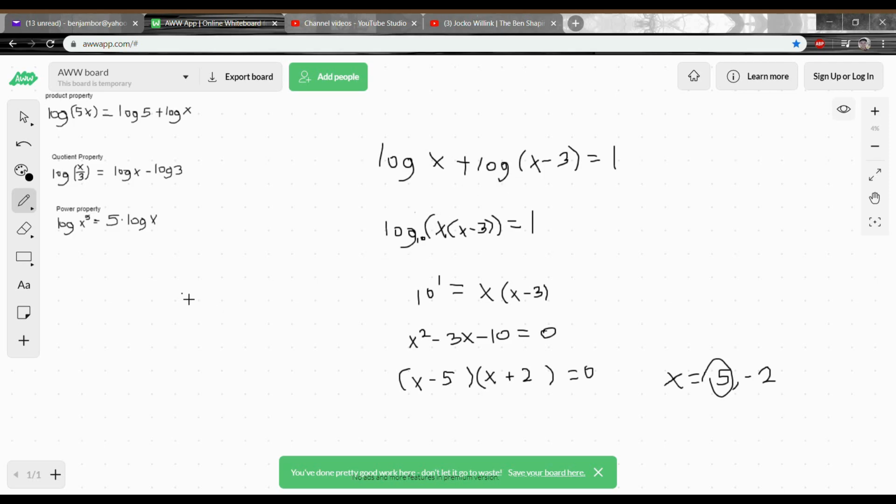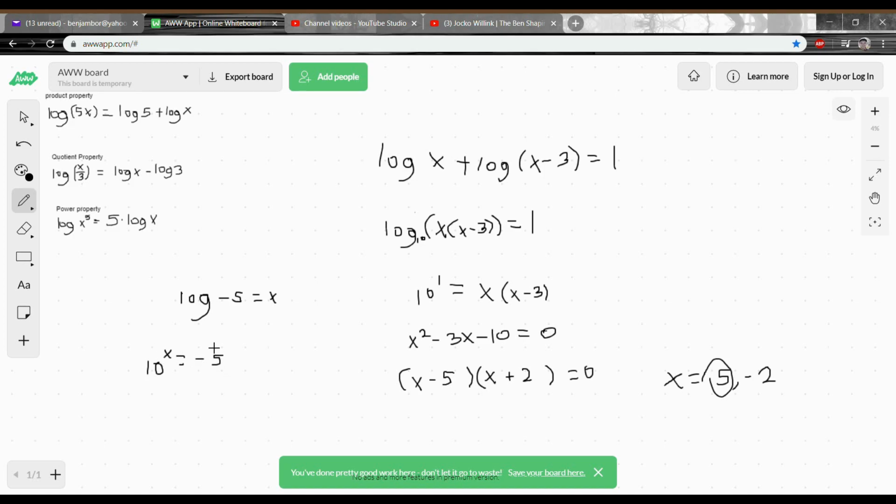Let's say we took the logarithm of negative 5 and set that equal to x. This is the log base 10. If we convert that to exponential form, we're going to have the base of 10 raised to a power of x equal to negative 5.